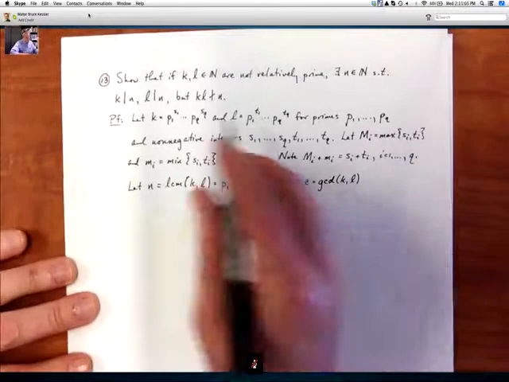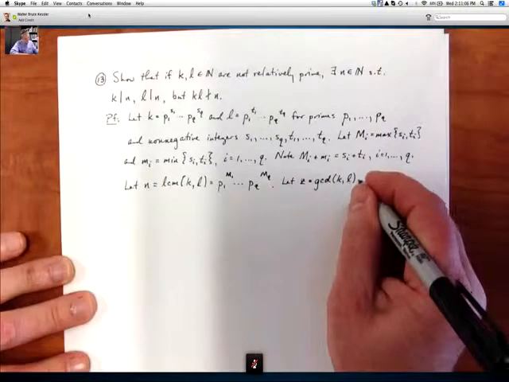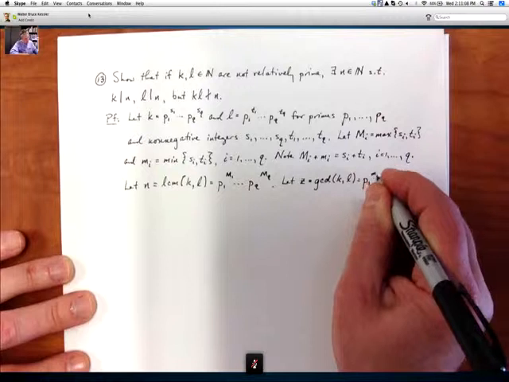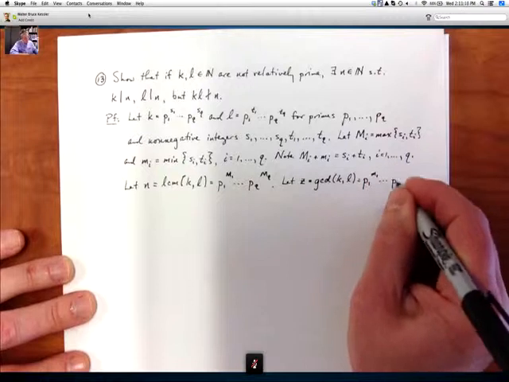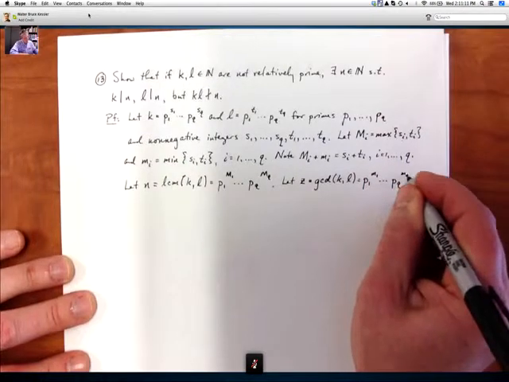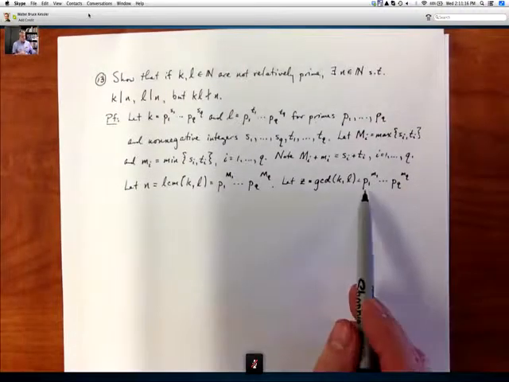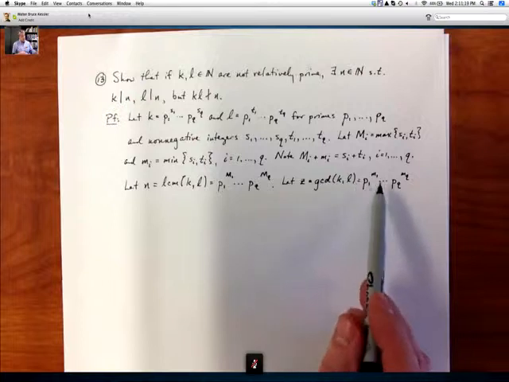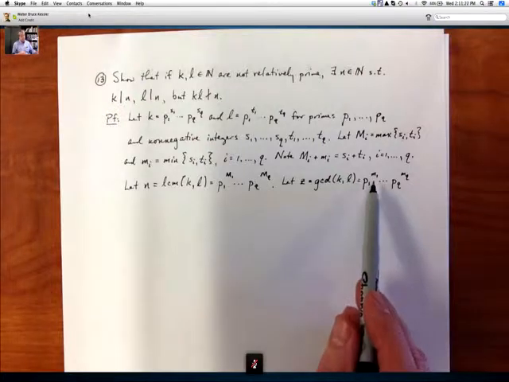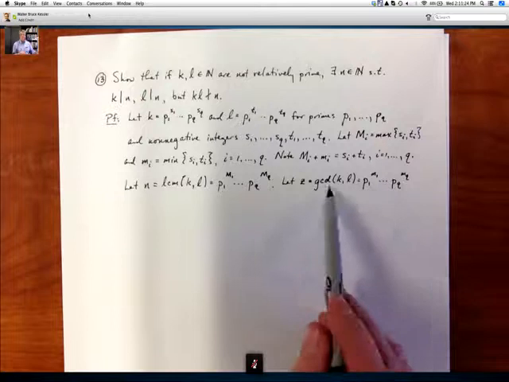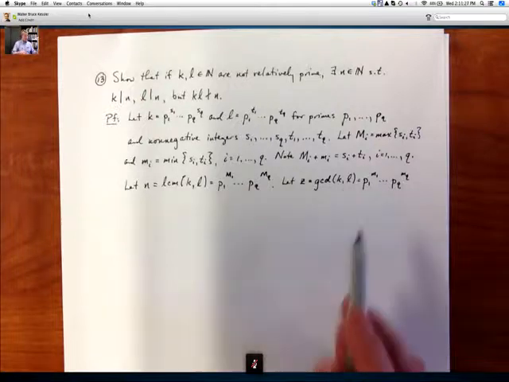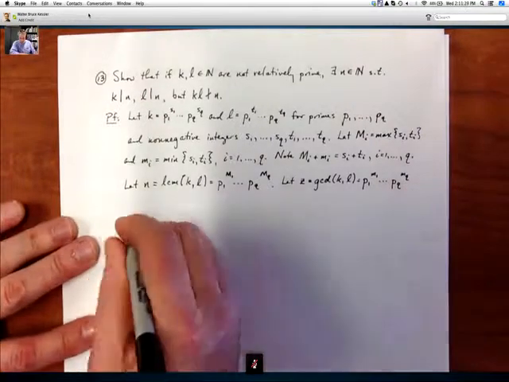You get that by taking the minimum of each of these powers. So that's p1 to the little m1 all the way out to p sub q, little m sub q. You do that so that this will divide both of those things, but you take just the minimum, nothing less, because you want the greatest number possible that divides both. Okay.